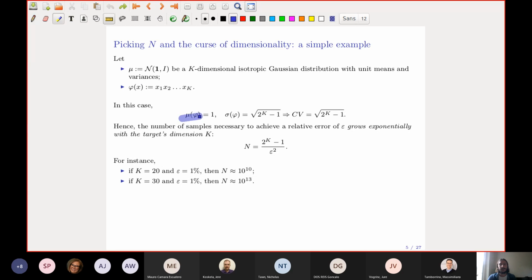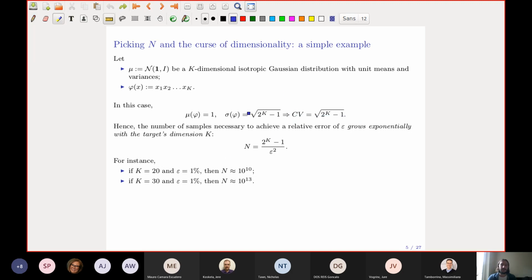So this mu phi average just becomes, by independence, the product of the averages of each of the univariate Gaussians, and each of these is 1, so the product is 1. And if you do just a little bit of calculation, you'll find that the standard deviation is the square root of 2 to the power k minus 1, and so the coefficient of variation is the same thing.